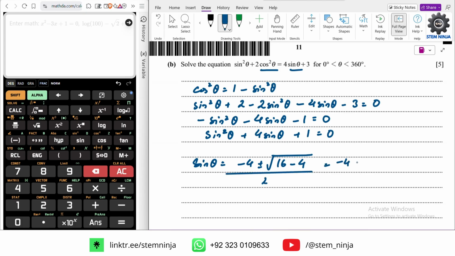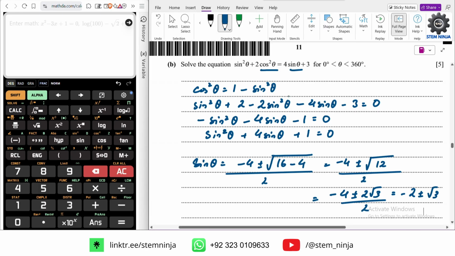So this is minus 4 plus minus square root of 12 over 2. So 12 is basically 3 times 4, so the square root of 4 can be taken out. So plus minus 2 root 3 over 2, which can be further written as minus 2 plus minus root 3. So this is the sine theta.